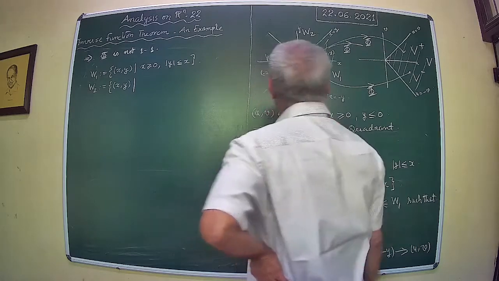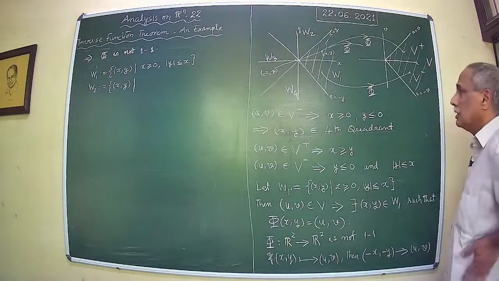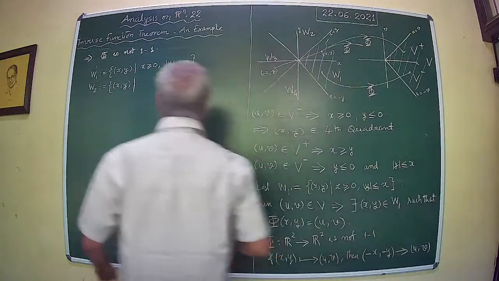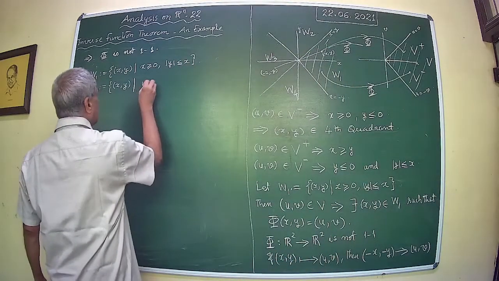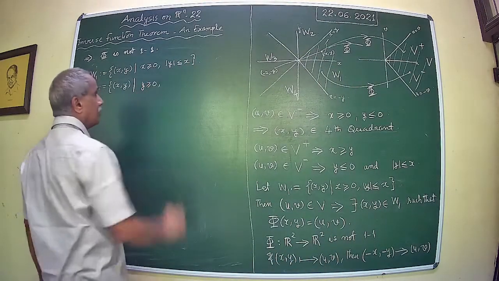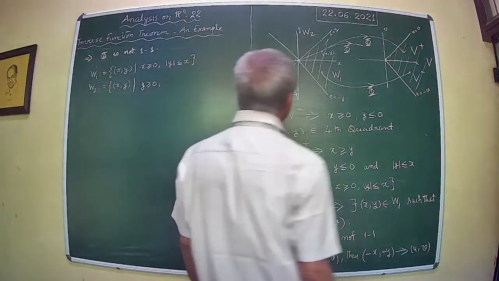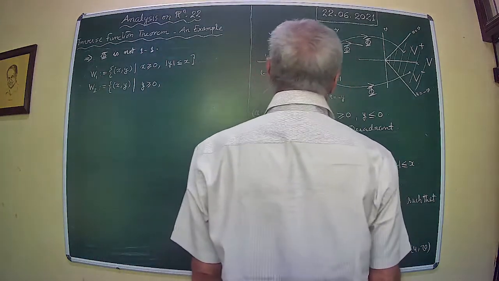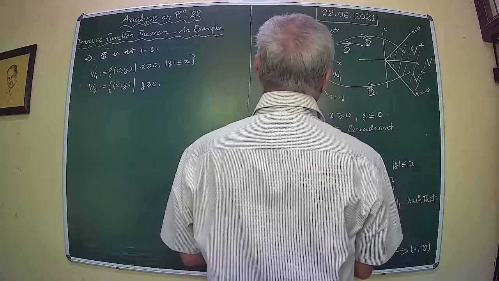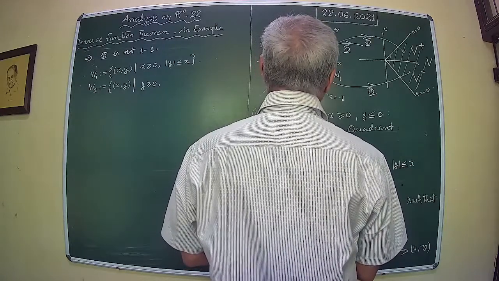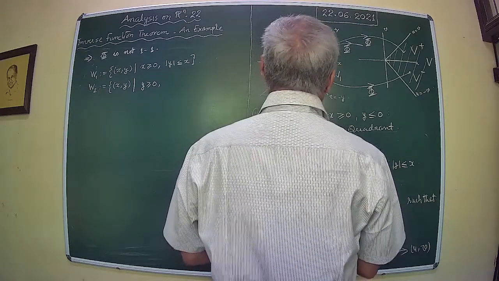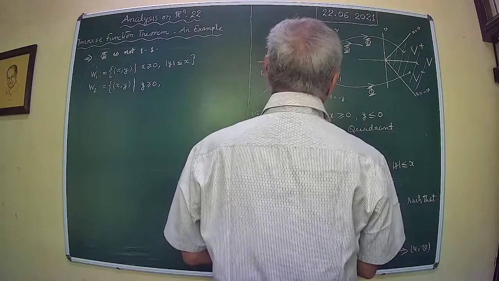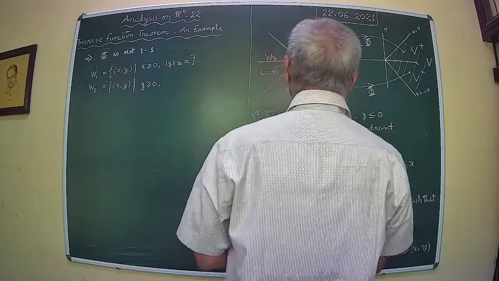Okay. What is W2? W2 is y greater than or equal to 0, and you have mod y or mod x is less than or equal to 1.